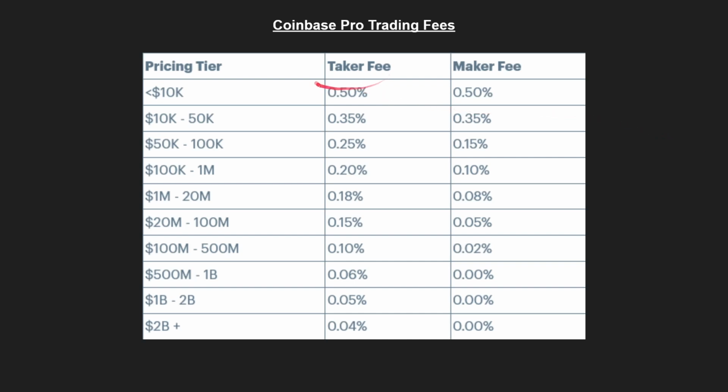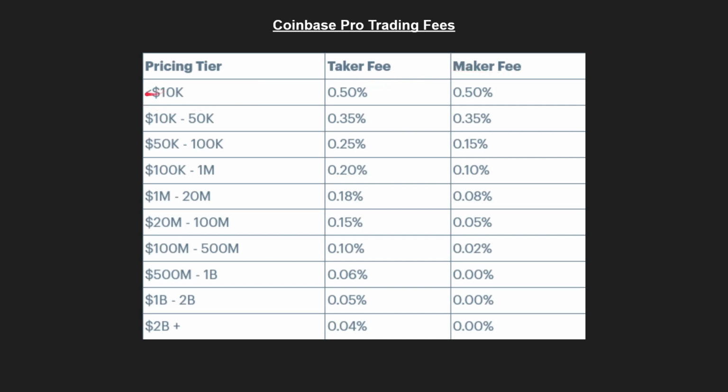So here we see our pricing tier. On our left side, our taker fee. So this is the fees for persons who are using market orders, who are taking from the order. And here's our maker fee. These are people who are making the market, who are adding orders to the order book, right?